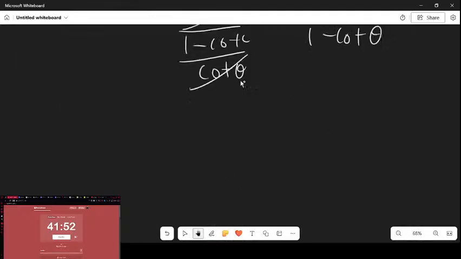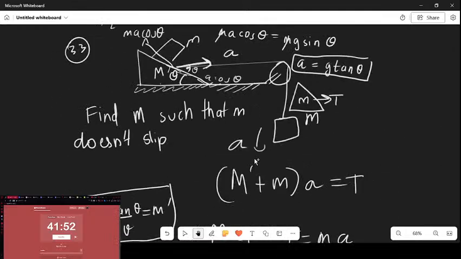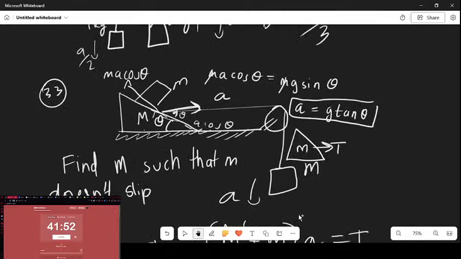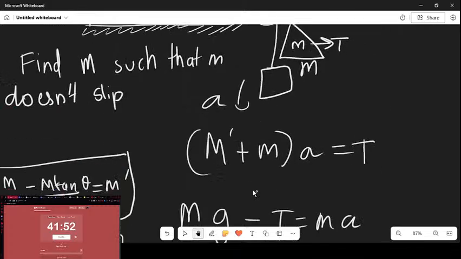Now B is also done, C is also done. Now we are going to the 35th. Let me just zoom it off. I actually love this question. Okay, it was a very good question.